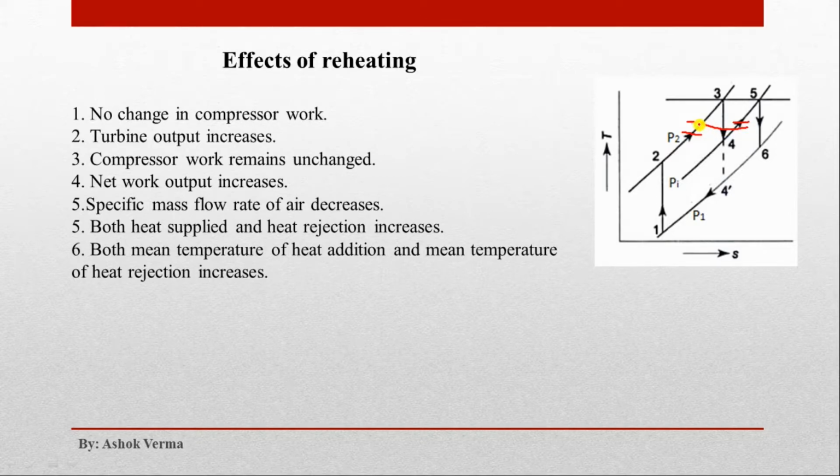So the mean temperature of heat addition will finally increase, and the mean temperature of heat rejection will also increase, because previously for 4-1 the mean temperature of heat rejection will be here, and for this one will be here. So if you take the mean of these two, the final mean temperature of heat rejection will be around here.